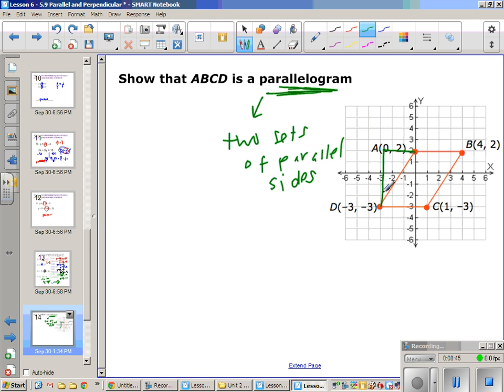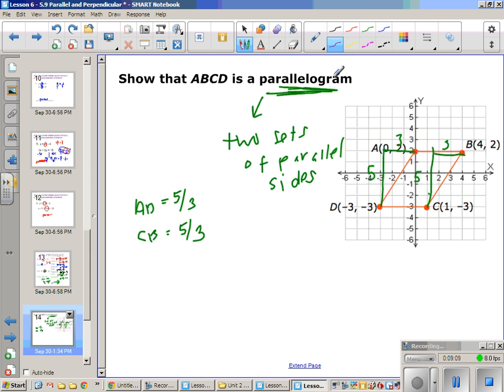So that goes up 1, 2, 3, 4, 5, and over 1, 2, 3. I'm going to do the same with this one because that's the opposite side. So it goes up 1, 2, 3, 4, 5, and over 3. So far I know that AD has a slope of 5/3 and CB has a slope of 5/3.